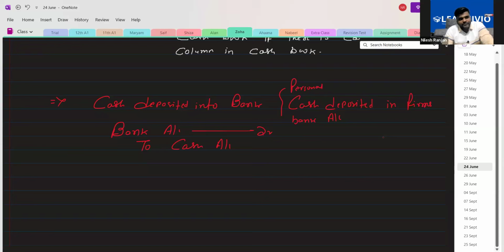If he is depositing his personal cash into the firm's account, then it is not cash, because cash is not going from the business, it is coming from the owner's side. So the entry will be bank account debit to capital account. So it is not a contra entry. Understood?